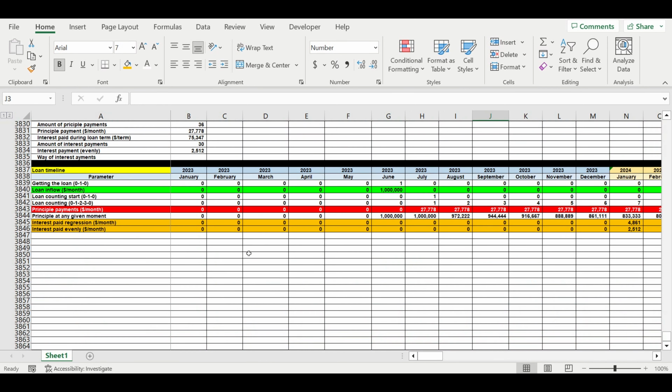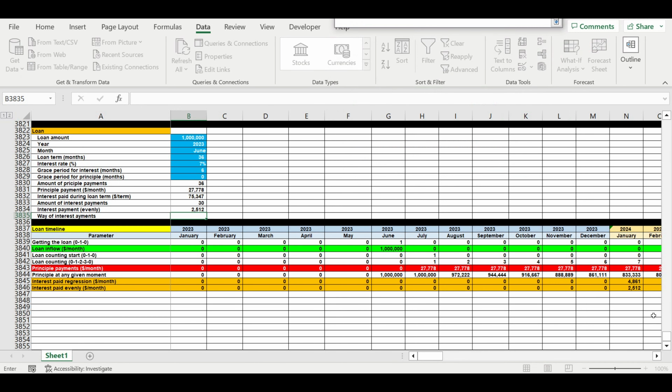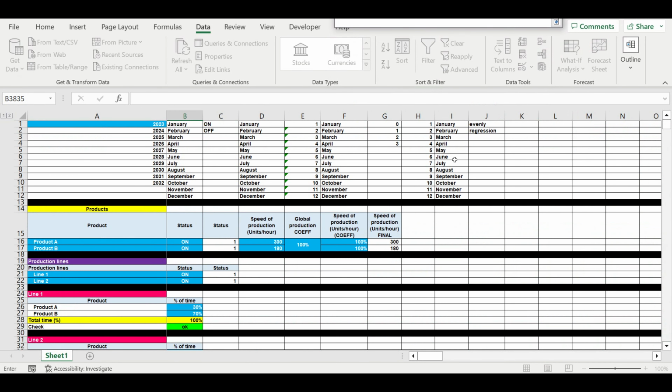We will use data validation, list, then we go up and choose these values.